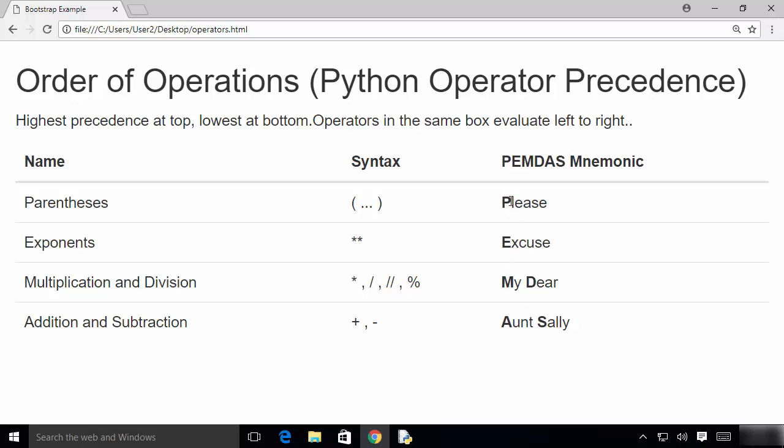You need to remember the first letter of each word. P stands for parentheses, E stands for exponent, M and D stand for multiplication and division, A and S stand for addition and subtraction. So for remembering, you can either use this sentence or you can remember this keyword.